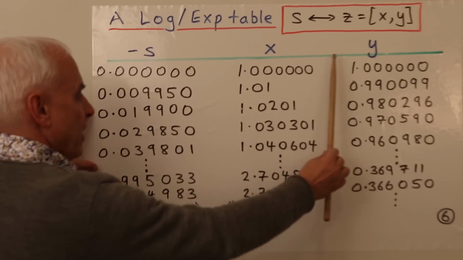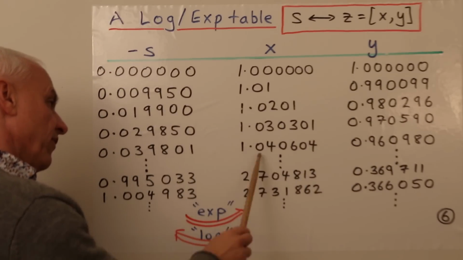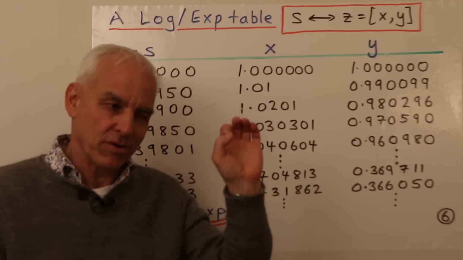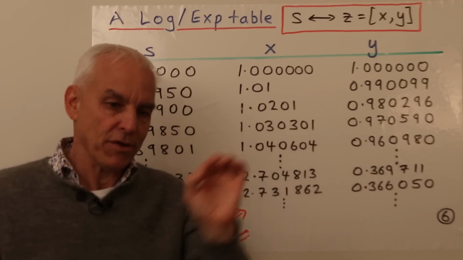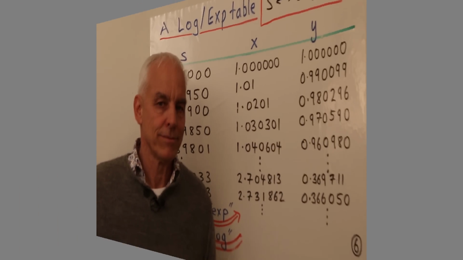Okay, so the original tables of Napier and Burgi would only have these 2 quantities, but again, I want to give you this bigger picture. I want you to think in terms of actually a point on the curve. That's what's really going on.